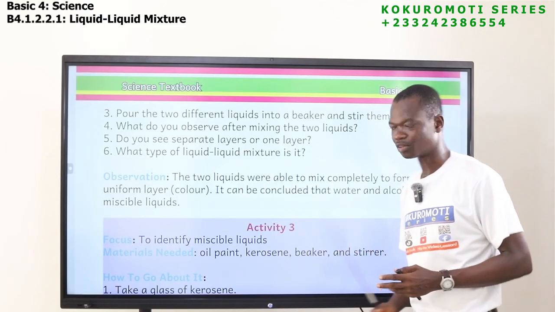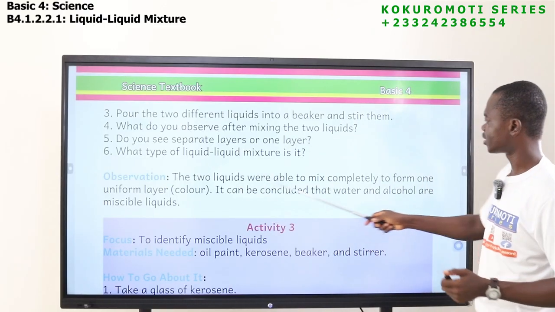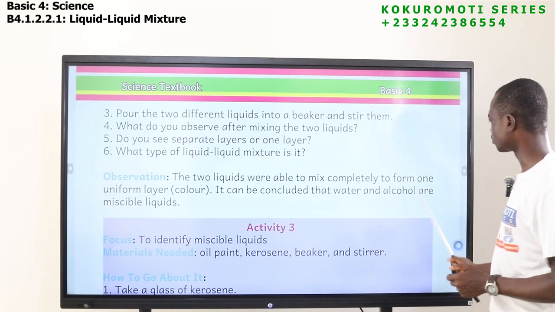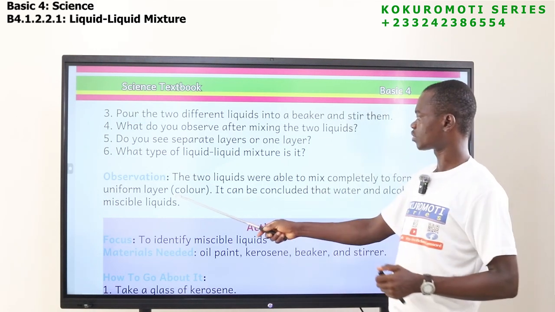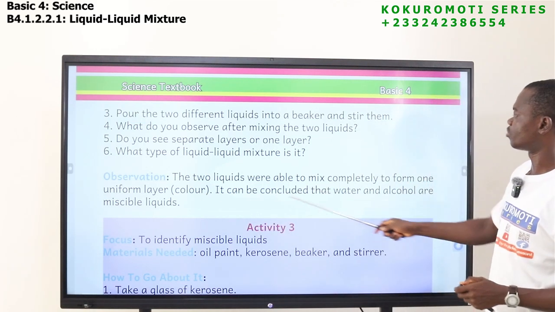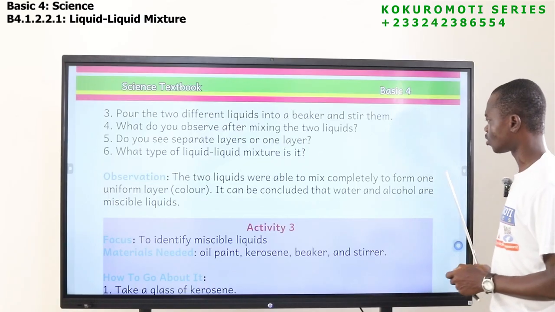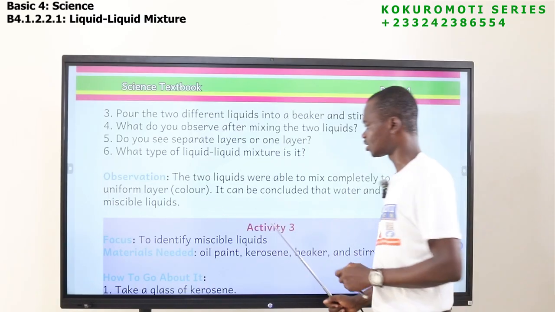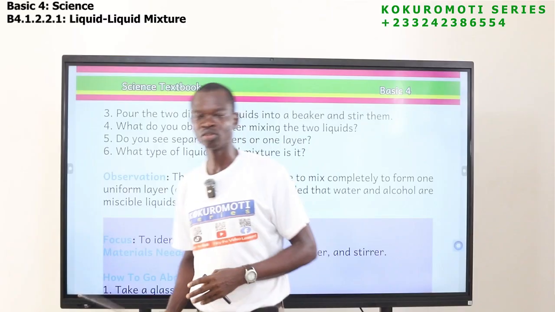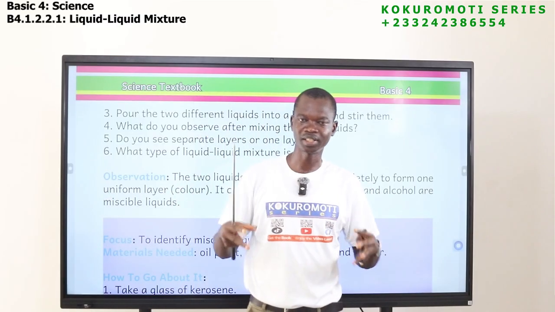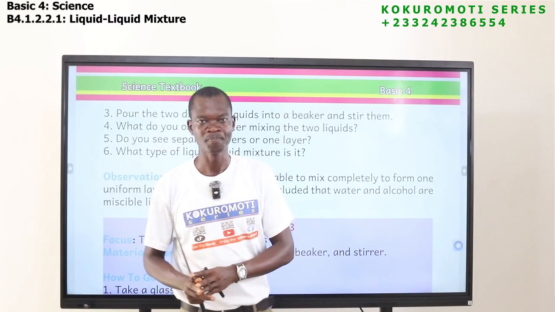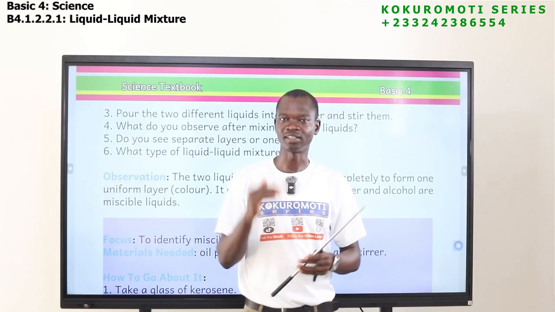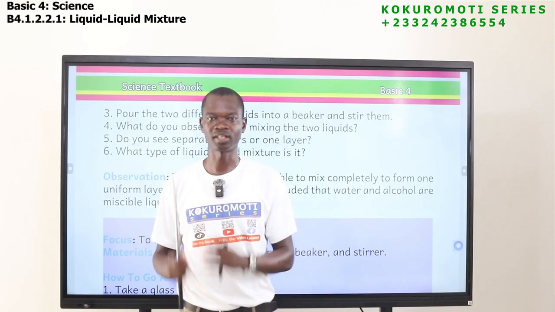So now let's look at the observation. The 2 liquids were able to mix completely to form one uniform layer or color. It can be concluded that water and alcohol are miscible liquids. That is why we say they are miscible liquids.